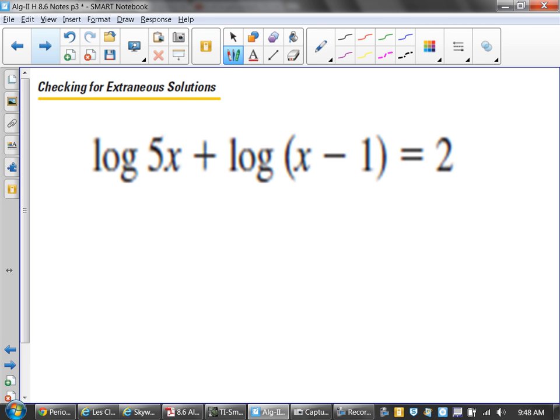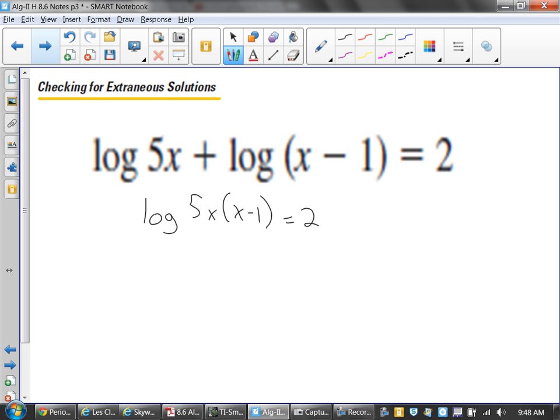So in this case, if I have an addition, what does that mean between the two parts? We're multiplying. Does everybody agree? So if I condense the left-hand side, I'm going to get log of 5x times x minus 1 is 2. Does everybody agree to that? Now there's one of two things we can do right away.